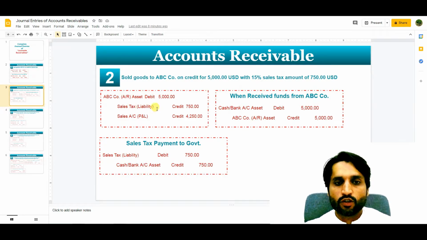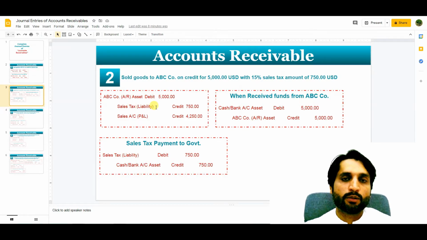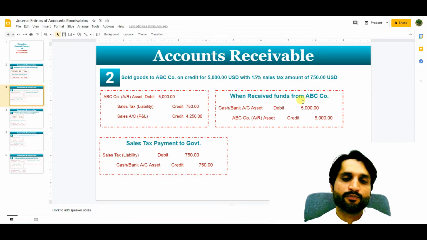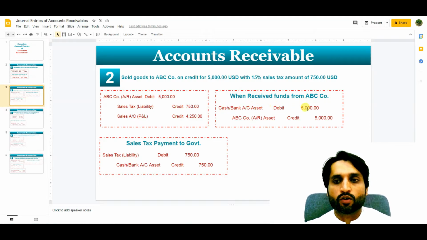Sales tax, which will be our liability that we will pay to the government later on, 750 will be credit, and our income or sales account will be credit for 4,250. When we receive funds from ABC company, cash or bank account will be debit with the full amount, 5,000 including the tax, and ABC company account receivable asset will be credited with 5,000.